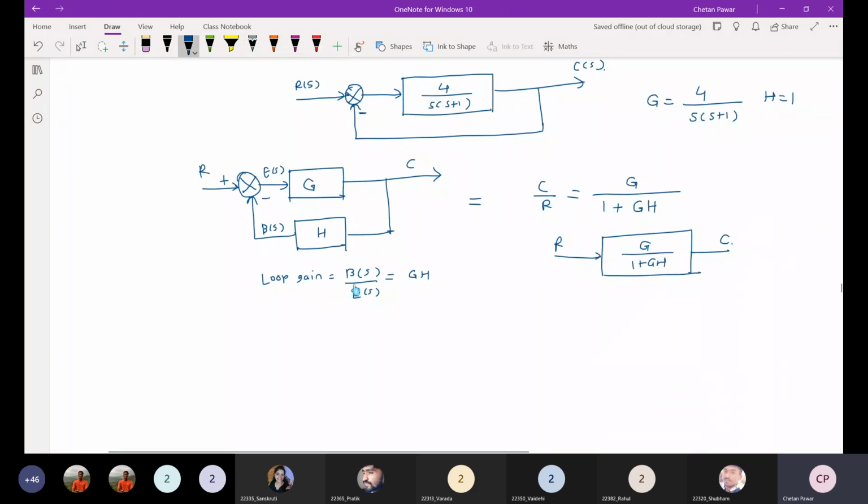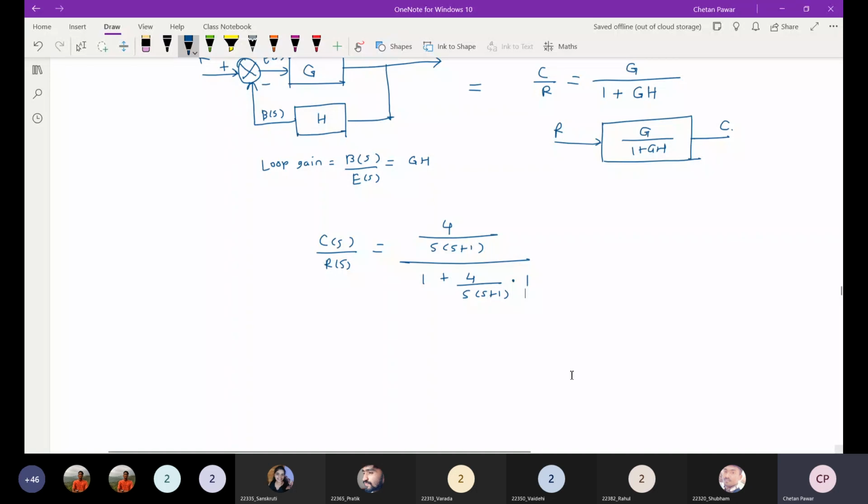So the overall C of S upon R of S for that diagram we are getting is 4 upon S into S plus 1, over 1 plus 4 upon S into S plus 1 into unity feedback 1. Directly we connected the output to the error detector.